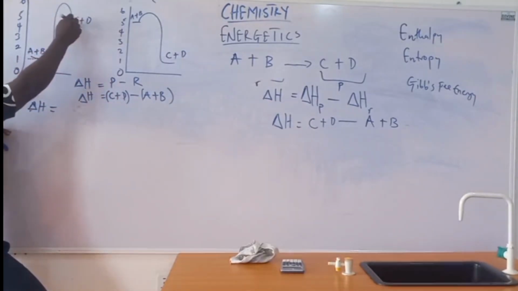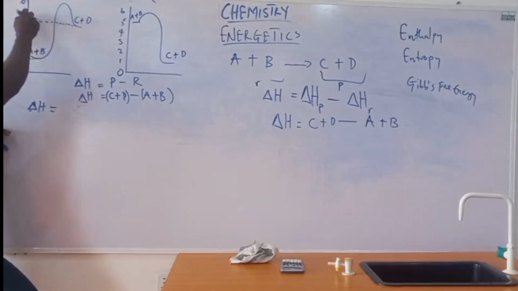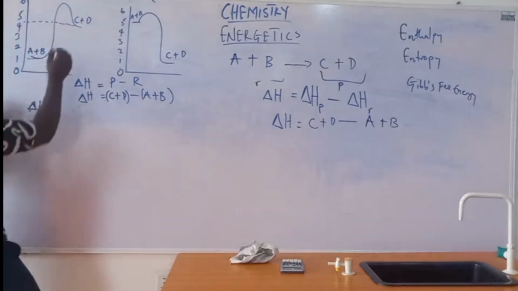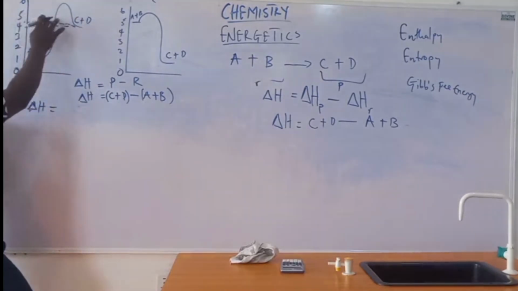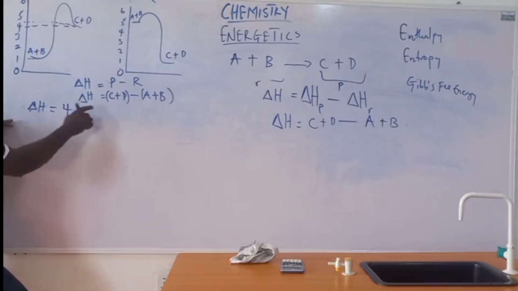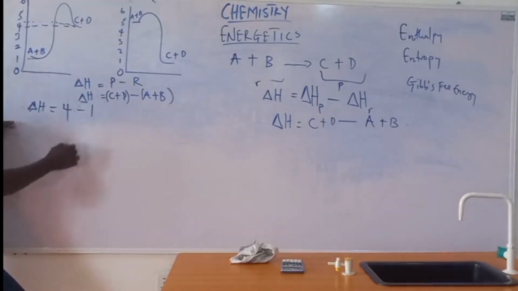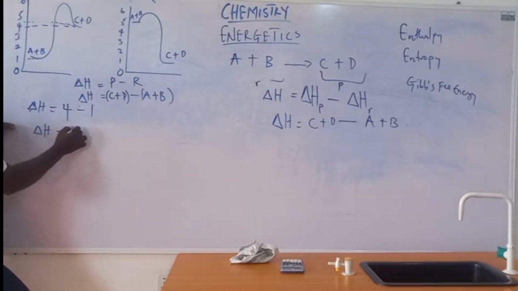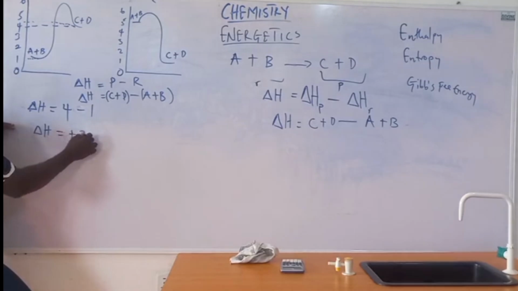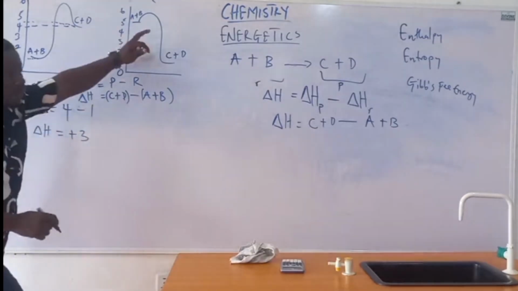If we trace it to the scale, let's just say we are getting 4. What about the value for A plus B? It is 1. So therefore, delta H is plus 3.